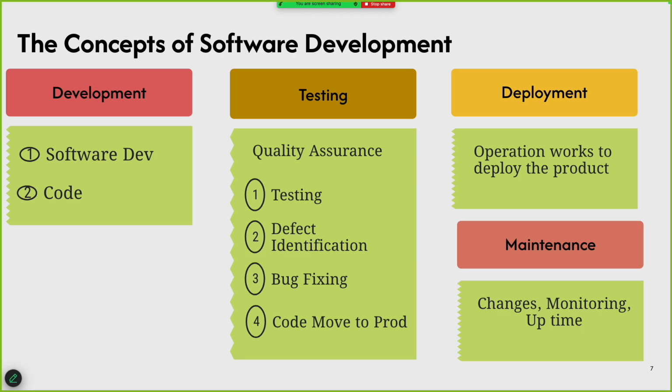After testing for multiple iterations, they move the code to the production environment. So code will be merged with production, and from production they will deploy it to the actual product. From there it will go live.